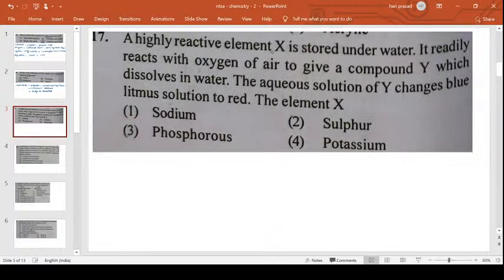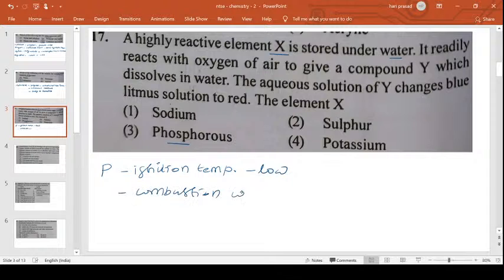A highly reactive element X stored under water. Generally, what is stored under water? Phosphorus is stored under water. Why? Because the ignition temperature of phosphorus is low. Therefore, phosphorus undergoes combustion with atmospheric air.